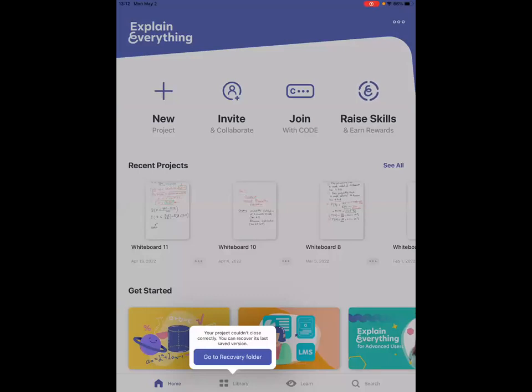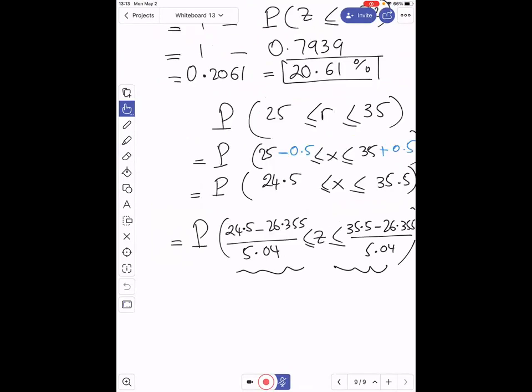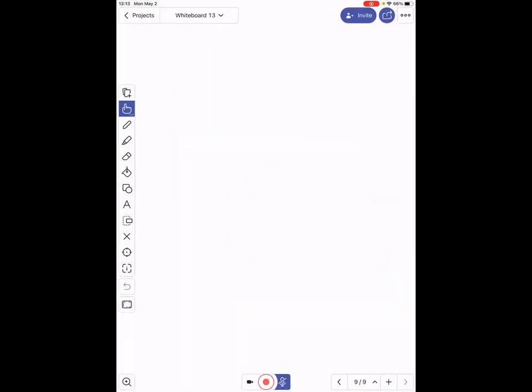So your n is 316. The probability of success p is 15%, 0.15, and q is 0.85.